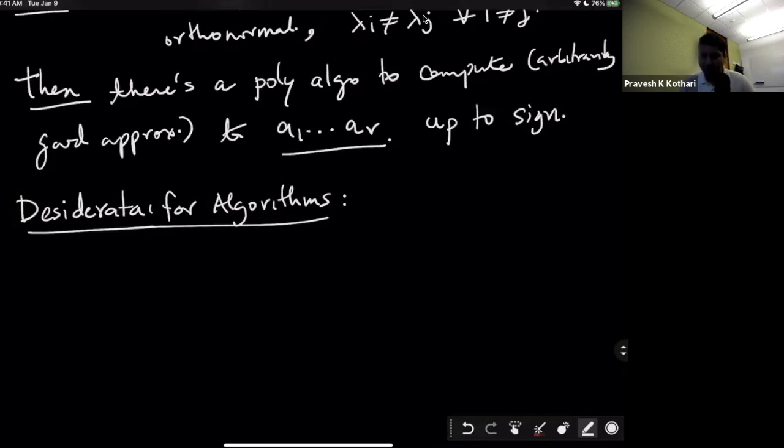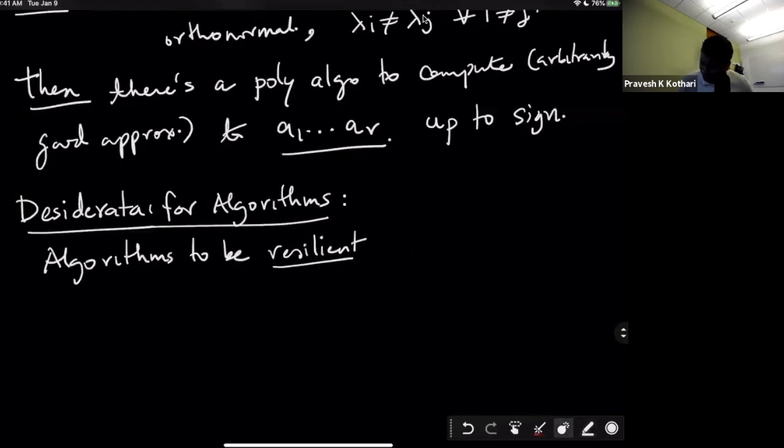But in particular, you would not want your algorithms to strictly rely on the assumption that M is rank R, right? Because M may not be exactly rank R. There might be some noise that adds. So you would want your algorithms to be resilient to some natural notion of noise.